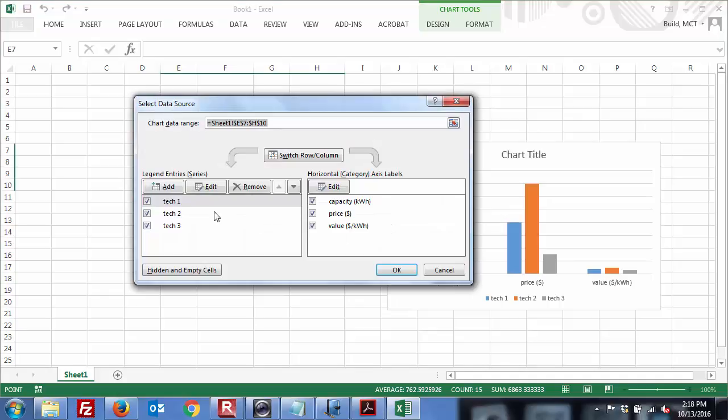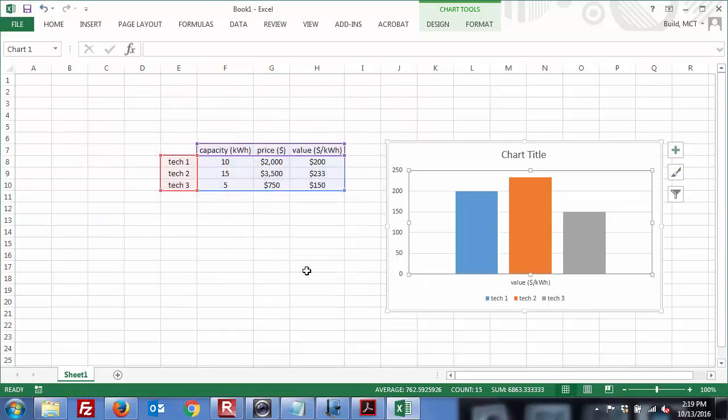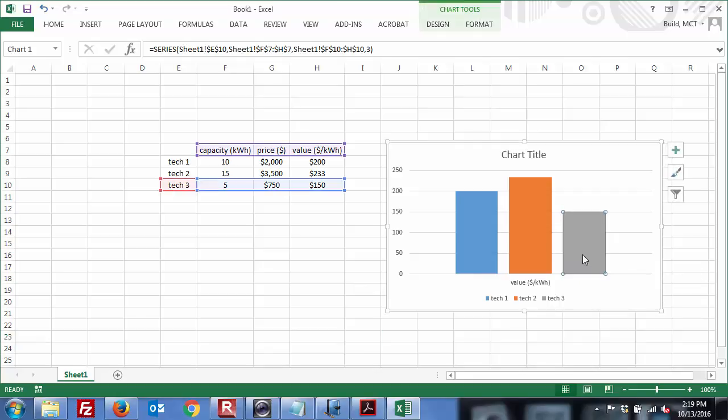Select data. I'm going to get rid of capacity and price. There we go. So what we're looking for is the best bang for your buck. Even if you're like, oh shoot, this one is too small, but it's the least expensive on a dollars per kilowatt hour basis, this is the one you would perhaps purchase.